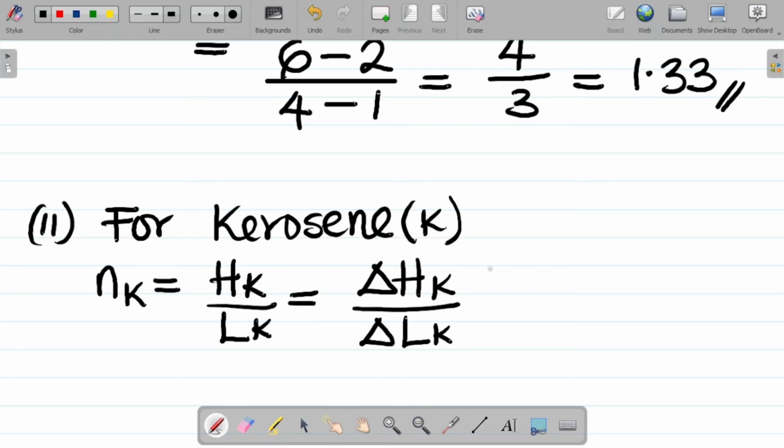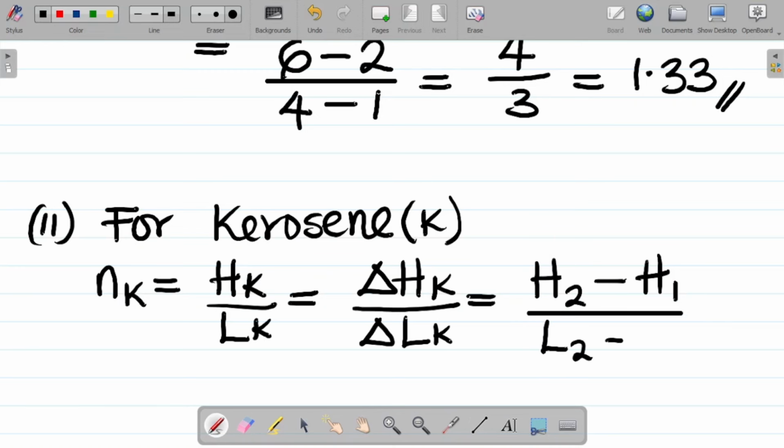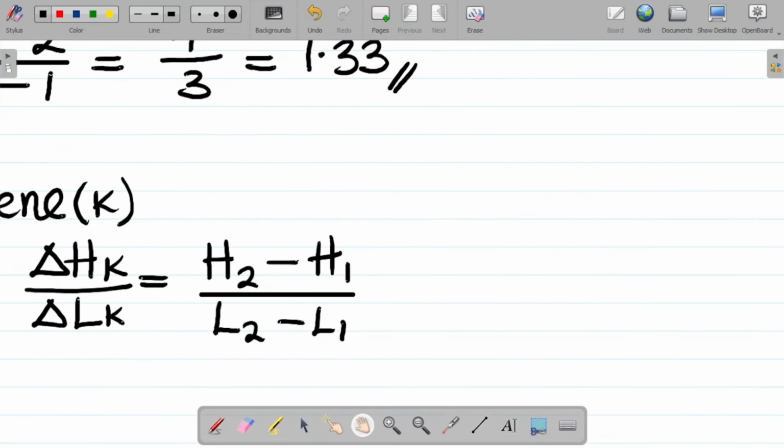This is equal to H2 for kerosene minus H1 for kerosene, all divided by L2 for kerosene minus L1 for kerosene.